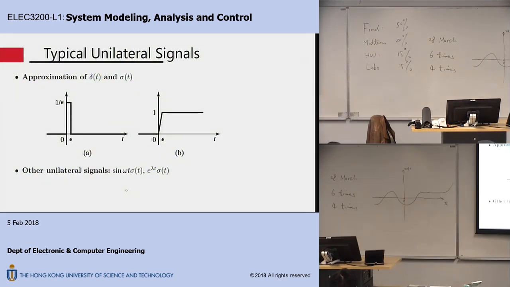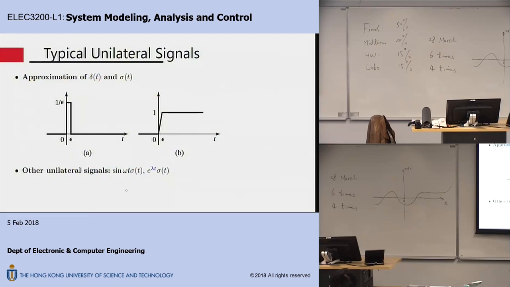Suppose that we have a signal like this. So this can be considered as an approximate step. Instead of having a jump at the time 0, now I have a slope, a ramp, going very rapidly to 1.